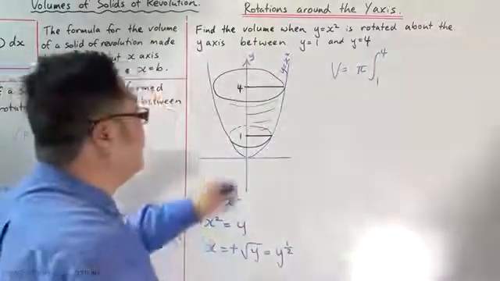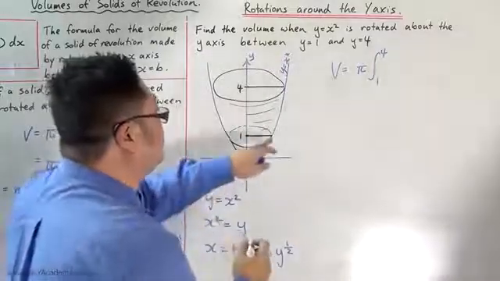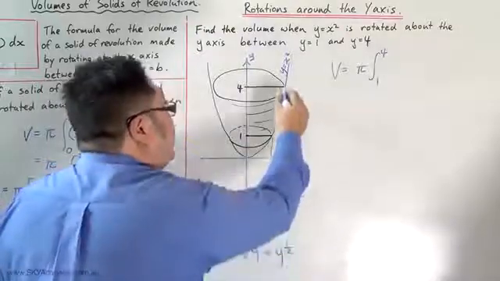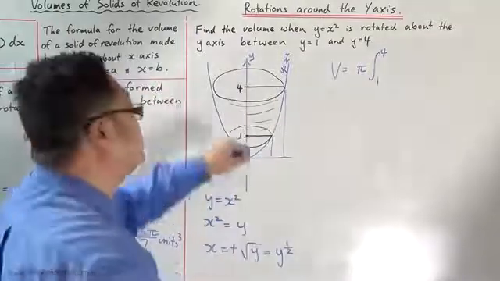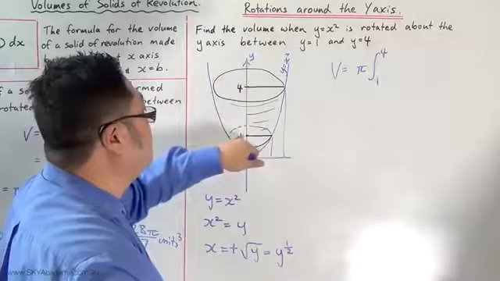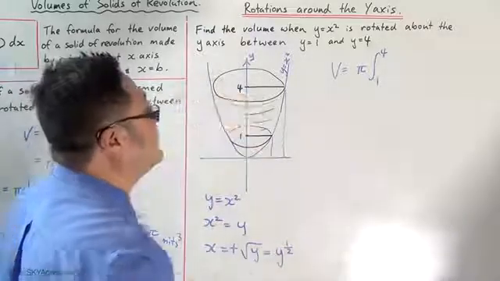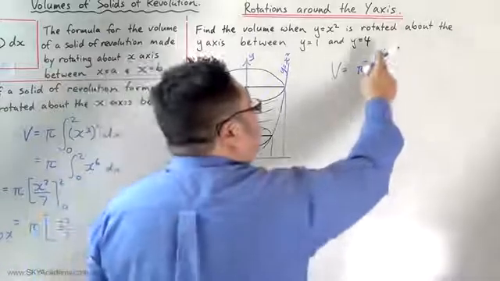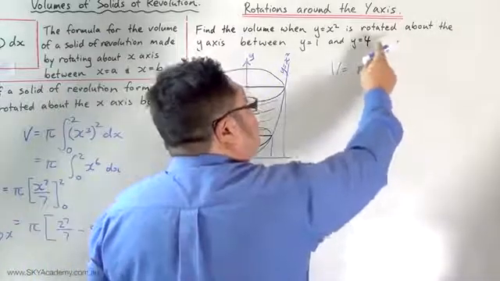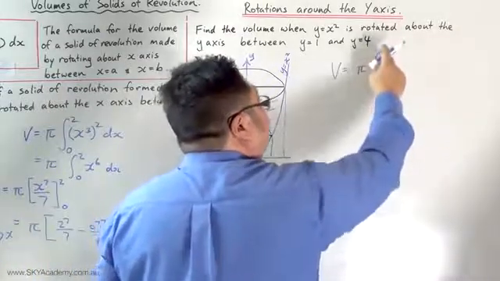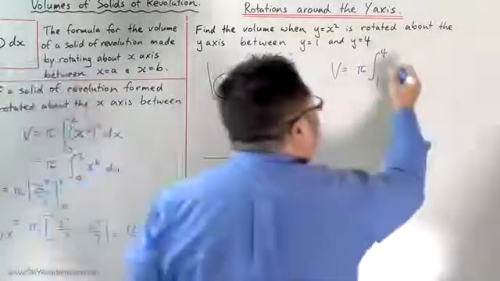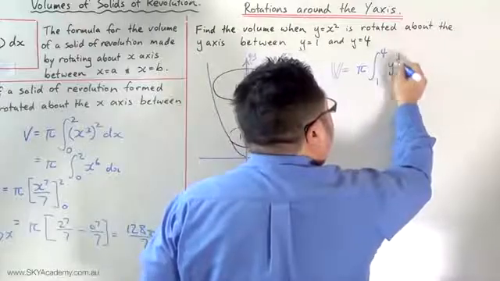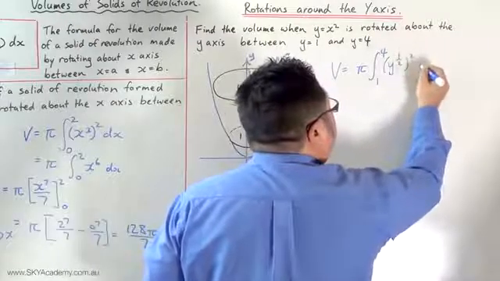If the limits were given to us in terms of x instead, we would have to convert them to limits in terms of y. So here we go. Pi times the integral from 1 to 4 of the function, y to the power of a half, all squared.